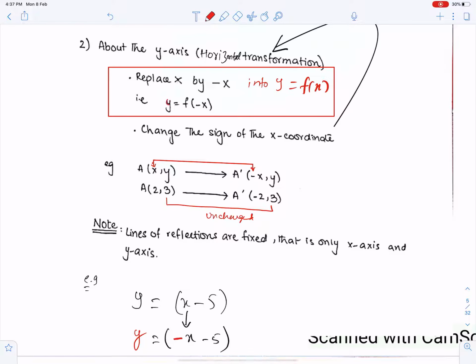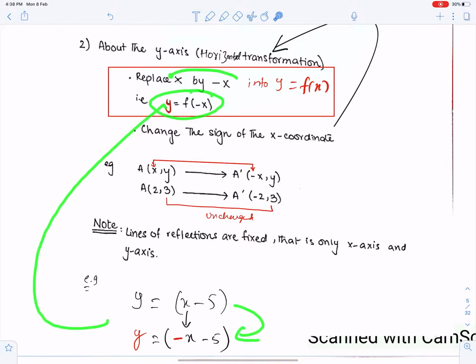This y means image, the equation of the image. Make sure you change the sign of the x coordinates and the y coordinates will remain unchanged. Where lines of reflections are fixed, that is only x-axis and y-axis. So by using this thing over here, we can get the equation of the image. Replace x by minus x here.